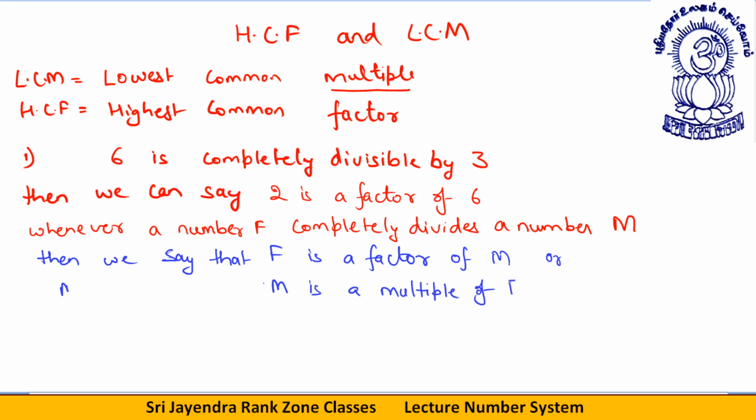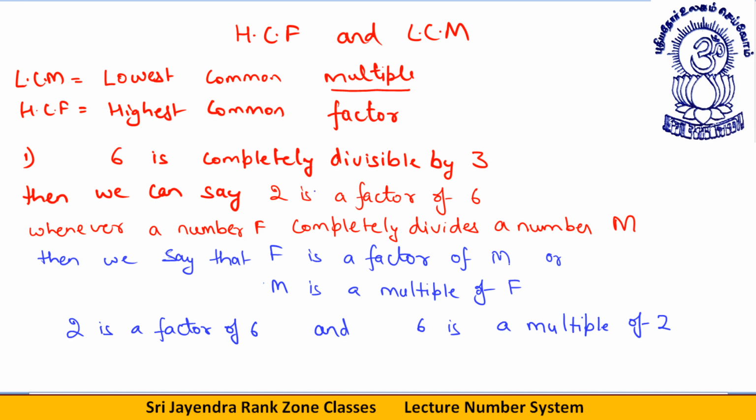M is a multiple of f. That way, if I again say 2 is a factor of 6, and 6 is a multiple of 2. Let's make it 2 over here.